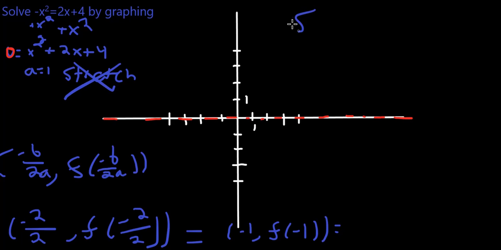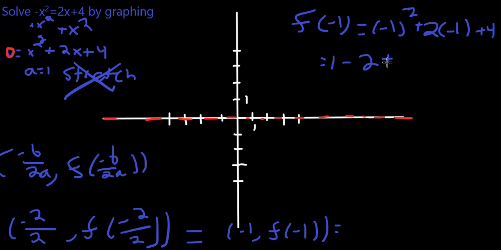Okay, when I plug in f of negative 1, I get negative 1 squared plus 2 times negative 1 plus 4, which equals 1 minus 2 plus 4, which is going to equal 3. So our vertex is negative 1, 3, which is right here.